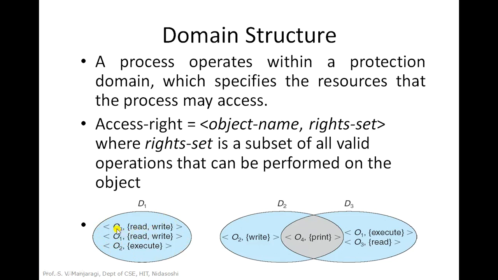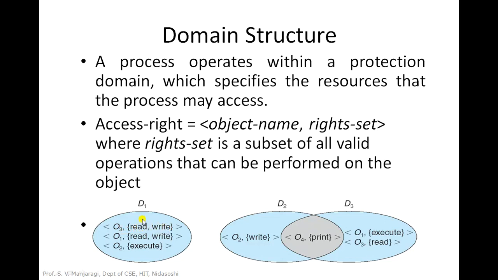So let us take an example here. The first one, the object name is O3 and the access right is basically a set. It is called a set of access rights or right set. We know that a set is indicated within a pair of curly braces. So this is a set, and the access rights assigned here are read and write. Here on object O3, the access rights set is read and write.